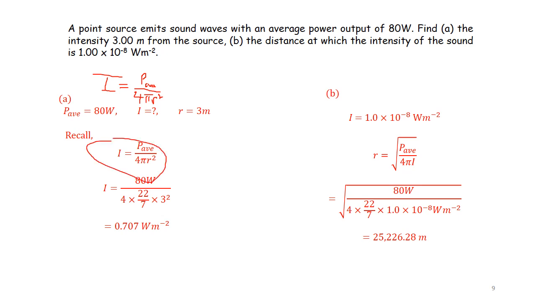Make R your subject: R is the square root of P average over 4 pi I. If you solve, you will have 25 kilometer, 5.226 kilometers.